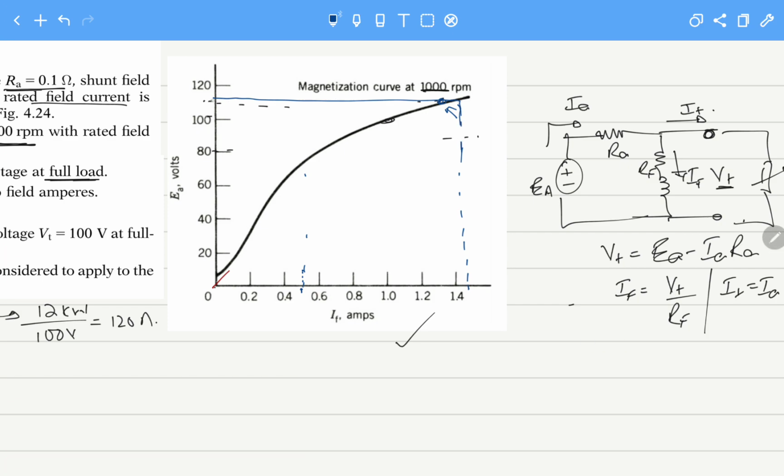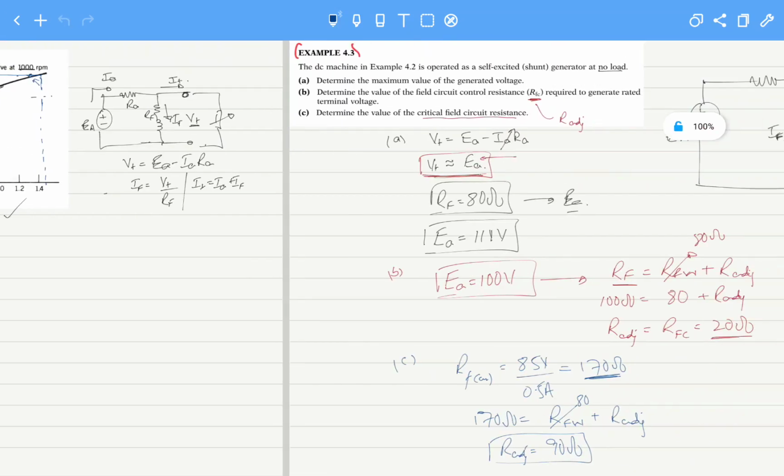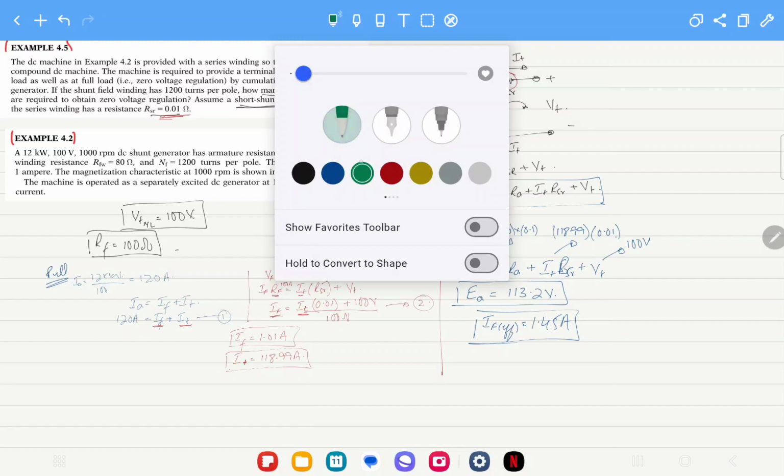So this should be the internally generated voltage, 113, and this will only be produced when the effective field current inside the machine, meaning the current that is producing the flux in the machine, is equal to 1.45 amperes.